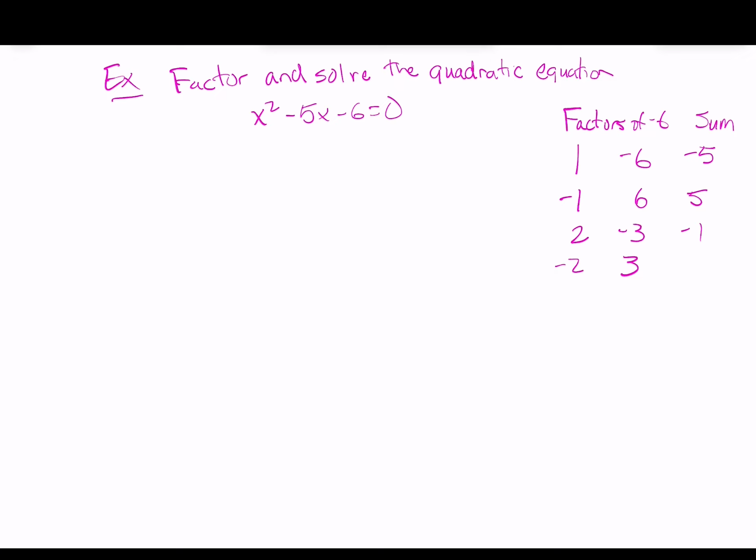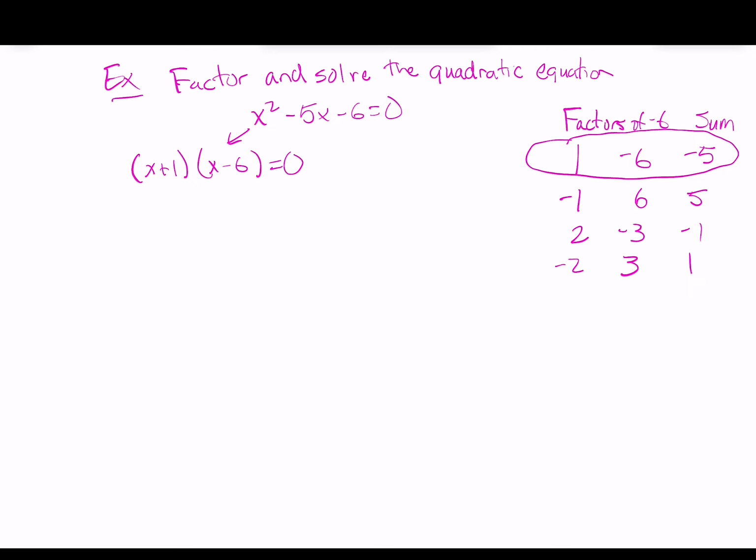And -2 plus 3 is 1. So which pair of factors gives us the middle term, -5? Well, it's 1 and -6. So we can rewrite the expression on the left-hand side as x plus 1 times x minus 6 is equal to 0.